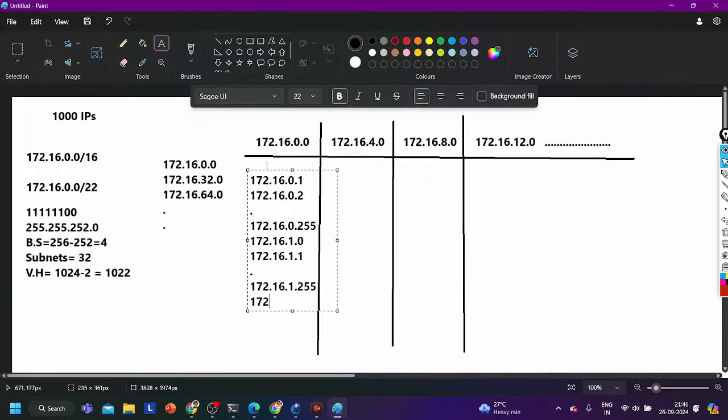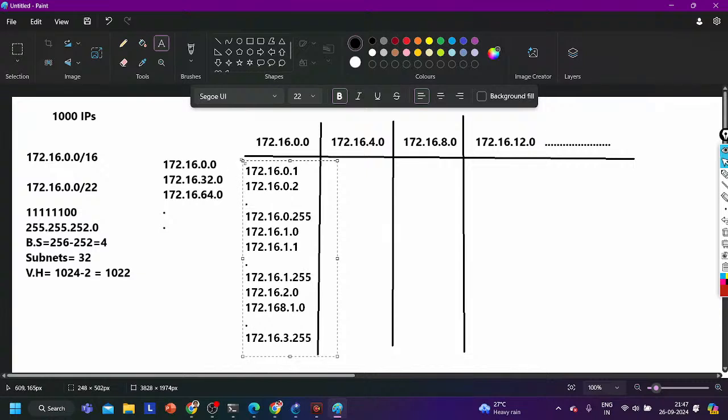Then 2.0, 1.0. Like this, the last IP address will be, right, and the next IP address is starting from the next network.